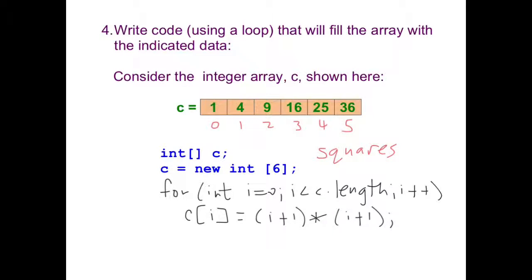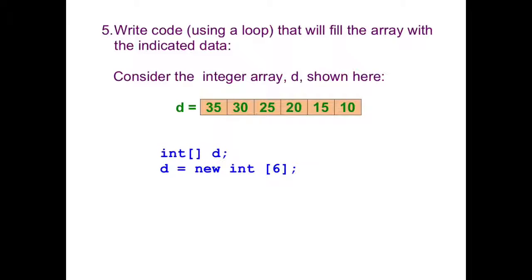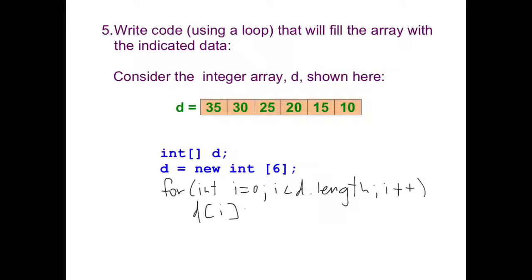Let's go on. Fifth and final problem, and it has a familiar start. We're going to do for int i equals 0, i less than d.length, and i plus plus. And we're going to do d sub i equals, and now it's pattern time.